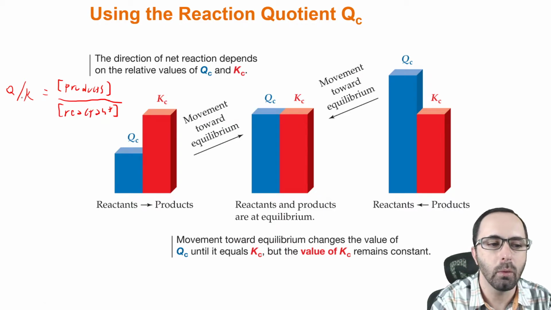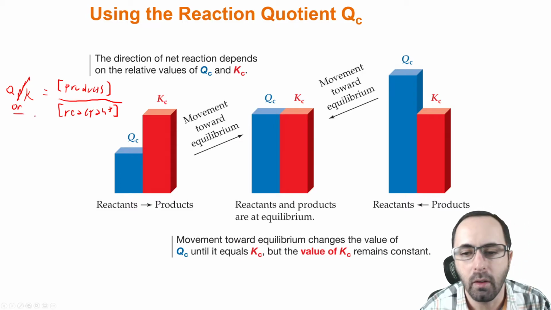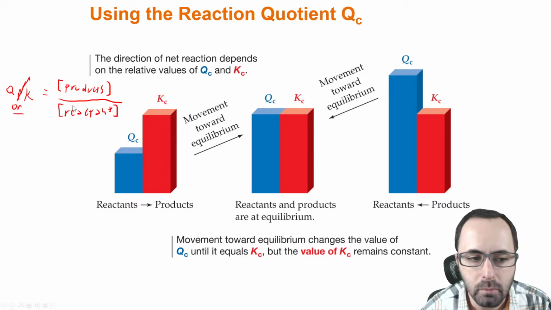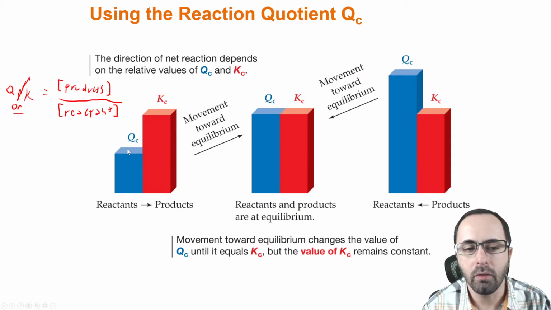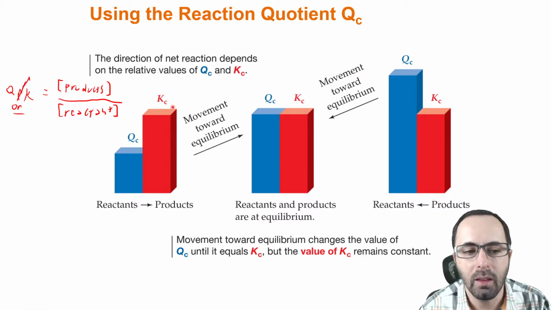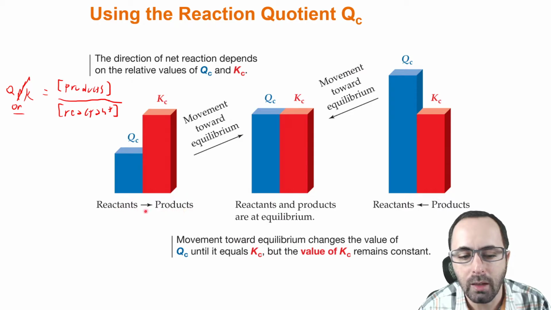So this is not, by the way, just to clarify, this is not Q divided by the K. What I mean is Q or K, since they're calculated in the same way. So a small Q here means that at this moment for this reaction, there are few products compared to reactants, as there would be in K. So K is bigger, meaning at equilibrium there are more products and less reactants than there currently are in the reaction when we have calculated Q. And so that means the reaction will move forward from reactants to products.